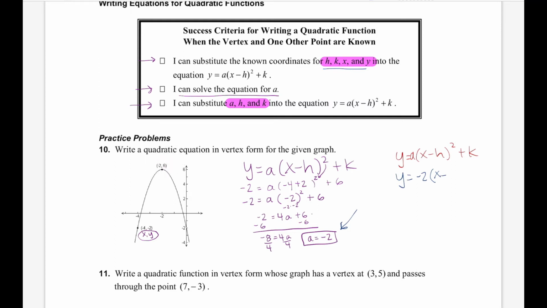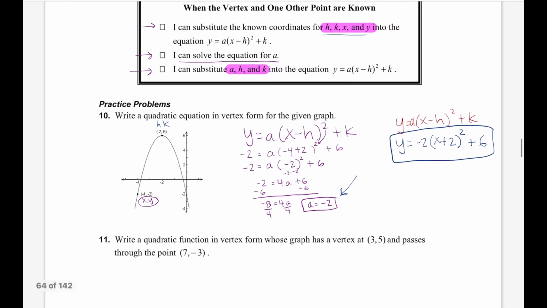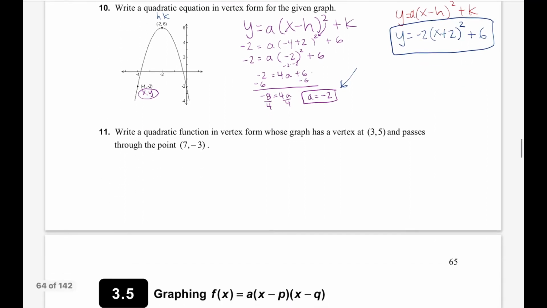So if you look over here, I've got my h, k, is my negative 2. So when I put a negative 2 in here, I have minus a negative 2, which ends up giving me plus 2. Plus 2 squared. And the last bit is plus k. And my k is the 6. And that would be the equation of a parabola with vertex and one more point.